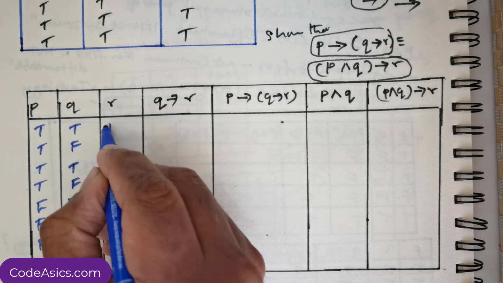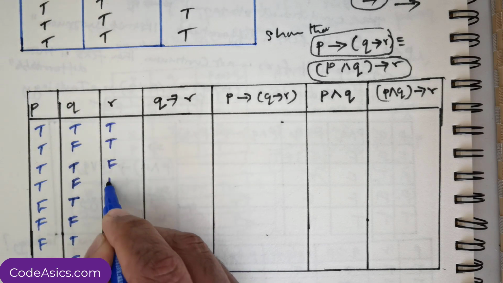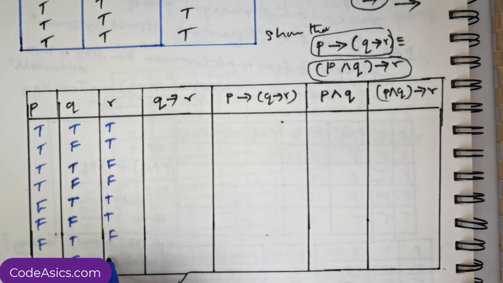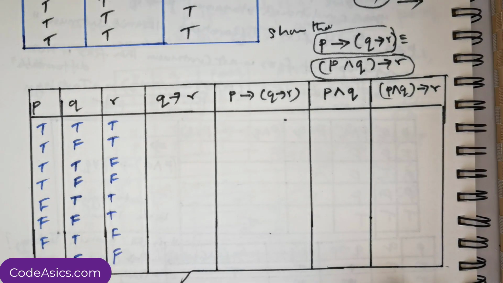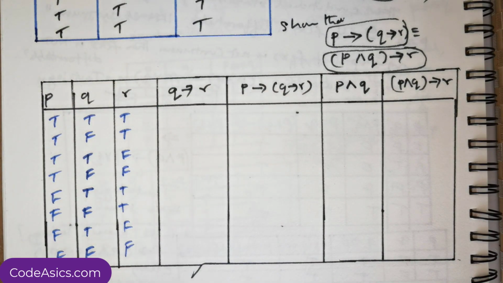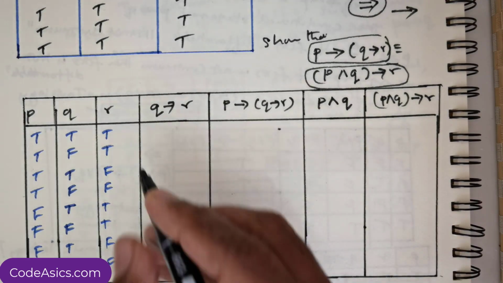And for this, TT, F, F, and then TT, F, F. So this is accepted. In fact, you can use the same truth values to do any question for that matter. So having mentioned that, let me go on.